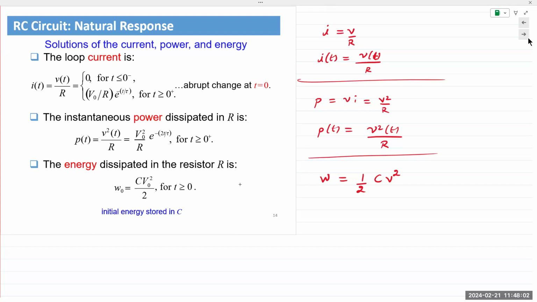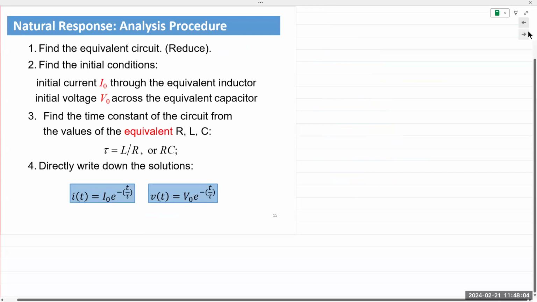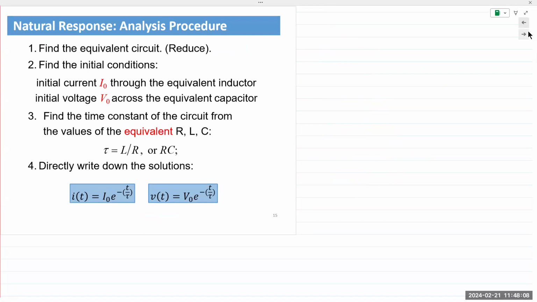Okay, then one final summary slide. If you're doing a natural response, the first step is to identify the circuit. Look at the point in time at which you begin analysis, see when the switch flips, redraw the circuit, and then reduce. Reduce is basically reduce to one single equivalent component.